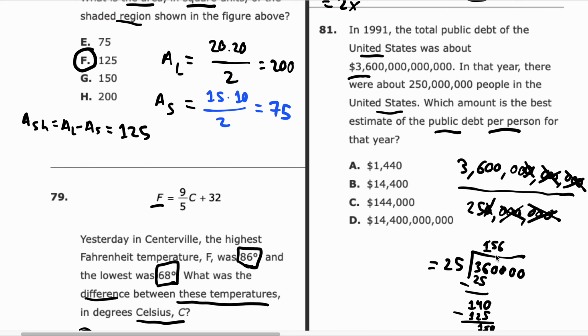Yeah, and then let's see, are any of those answers correct? Oh, I'm sorry, this would be 110, because 36 minus 25 is 11, so 110, then this would be 100, so that would be 140, and then this would be 10, so that would be 100, so it would be 144, and then you would just carry the remaining zeros probably.